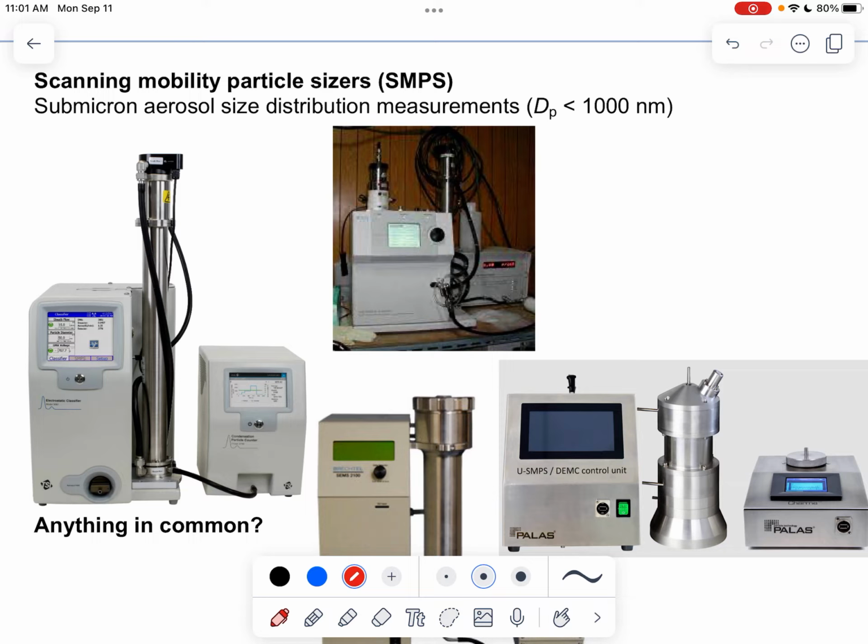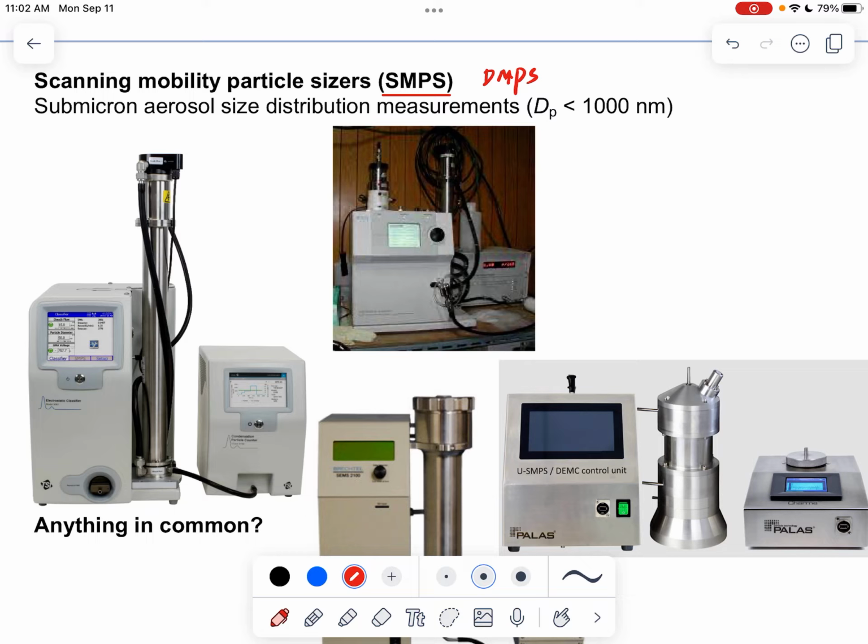So this class, and for the next few classes, we're going to focus on the scanning mobility particle sizer, or the SMPS. Depending on the mechanism, there are also instruments called the DMPS. Basically, it's based on the operating condition of the system, but they use the same working principles, right?